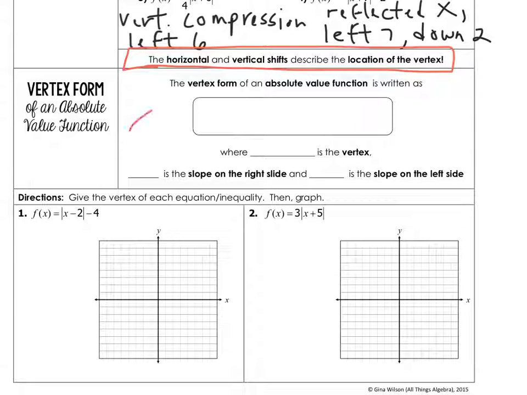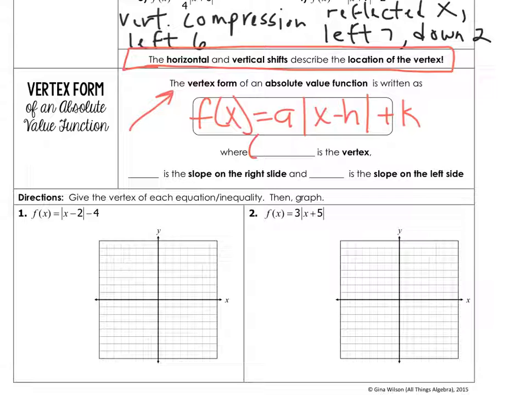Well, one of the things that we want to note is the vertex form, and so in the vertex form of an absolute value function, that is written f of x equals a, so some multiplier, times the absolute value of x minus h, which is the change in the input, plus k, which is the change of the output. So from this form of the vertex form, we're able to note that the vertex ends up being h, k.